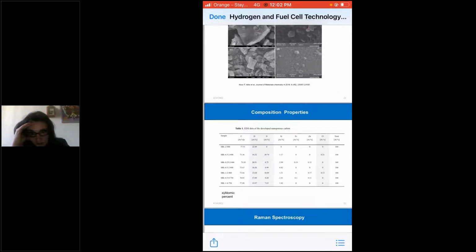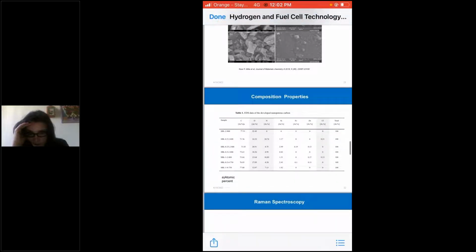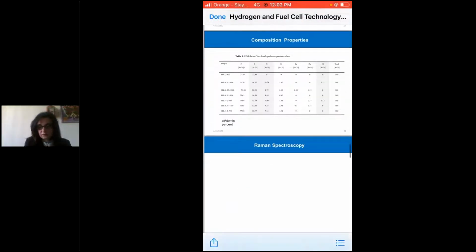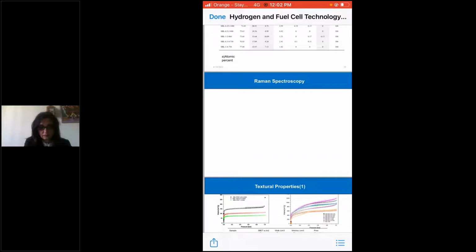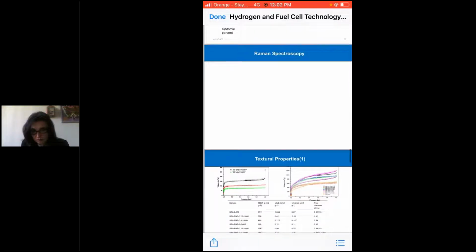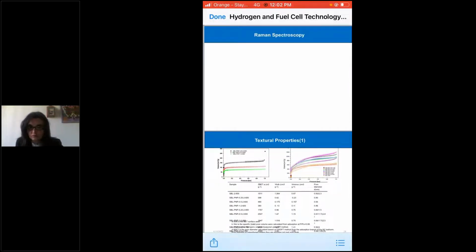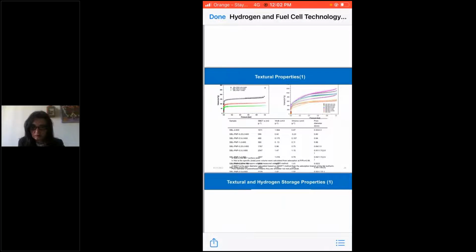When we have carbon materials, we have to characterize them using a powerful technique called Raman spectroscopy, and this is a picture of that. As I told you, we get a helical pore structure, meaning micropores and mesoporous materials, and the surface area is near 3,000 square meters per gram.